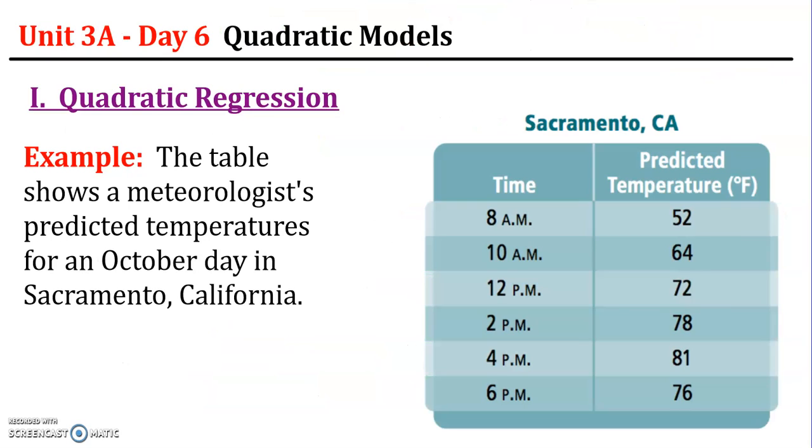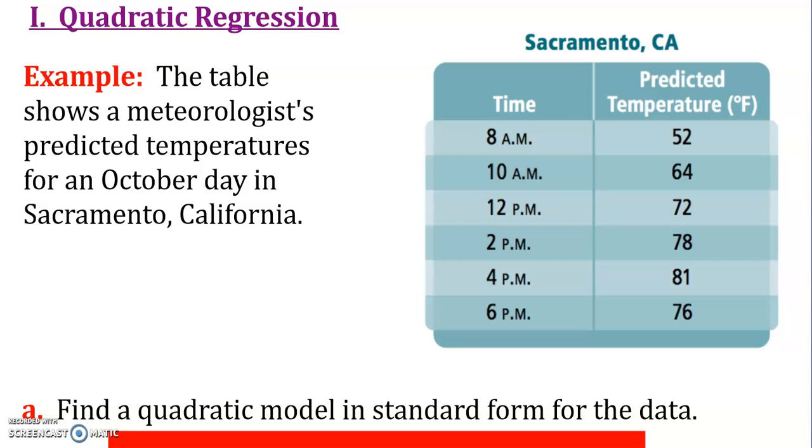Carrying on what we talked about in the previous lesson, we want to use our calculators to come up with a quadratic regression based on a table of information. Here we have predicted temperatures in Sacramento, California, where x is our time and y is the temperature.